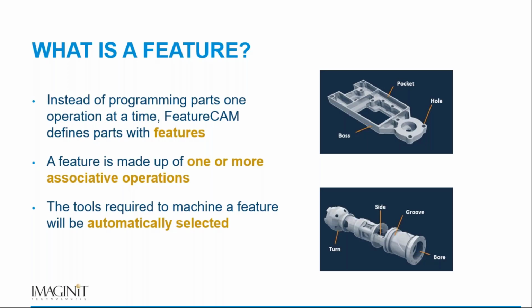It's made up of one or more associative operations, and from there, we can use those features to create our programming. FeatureCAM is going to use the tools required. If you have a good variety of tools and a very extensive tool library, it's going to take those tools and automatically select those features. And from there, we can create a program.